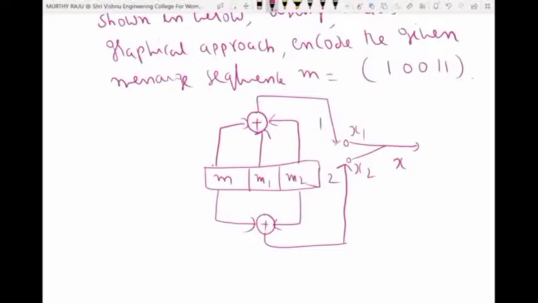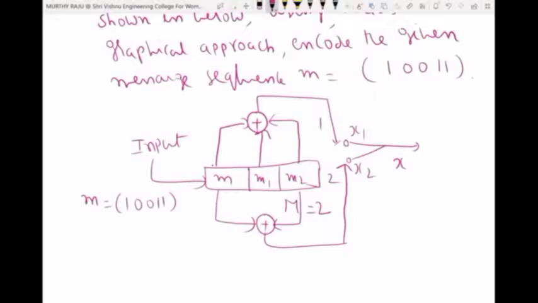Here, two outputs are there. The message sequence is the one input to the convolutional encoder. The given message sequence is 10011. Here, M represents the current message bit position. M1 and M2 represent the previous two successive bits. Here, capital M is equal to 2, which represents the state of the convolutional encoder.